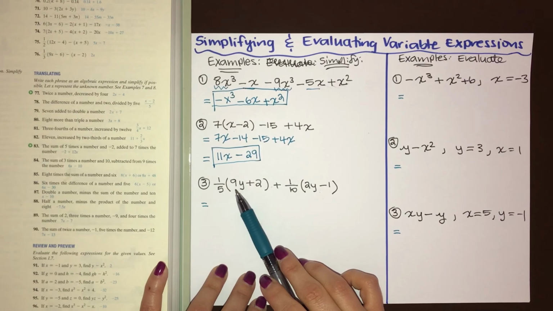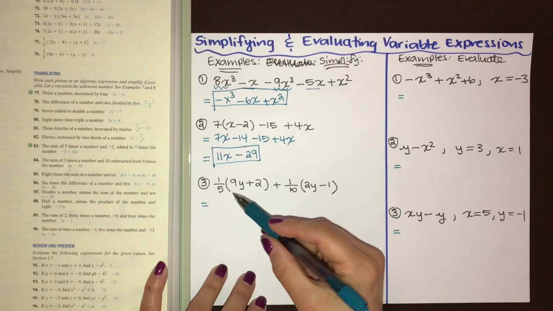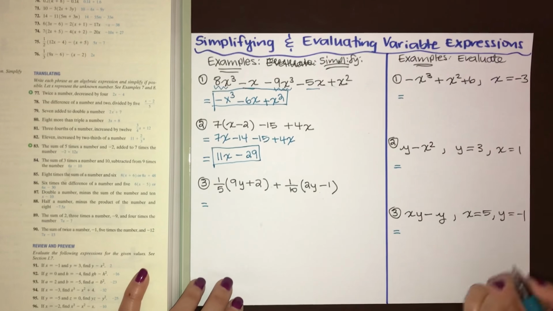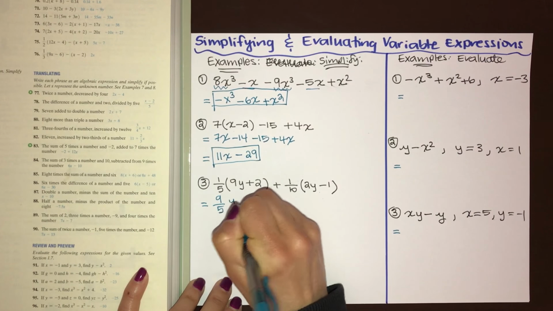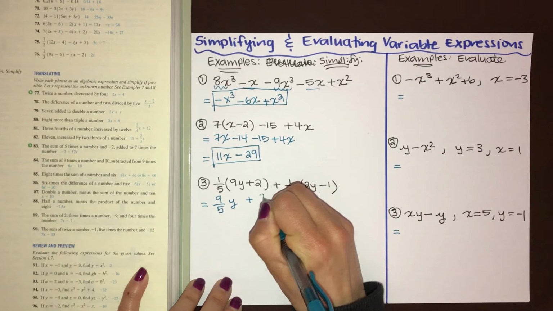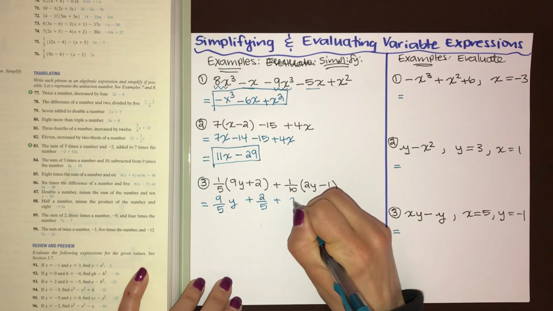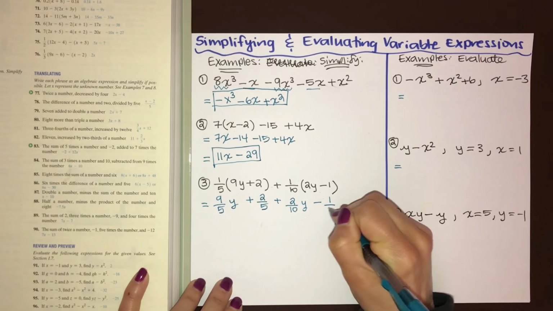The denominator for 9 and 2 is 1. You can write over 1 if you want. So we'll start off with distributive property. We get 9 over 5y plus 2 over 5 plus 2 over 10y minus 1 over 10.